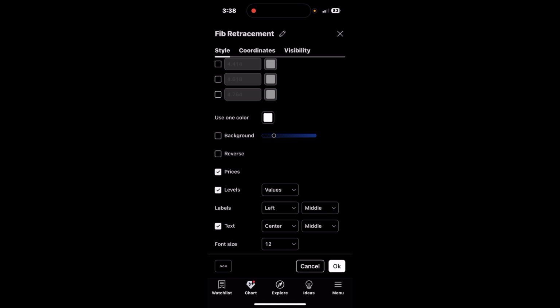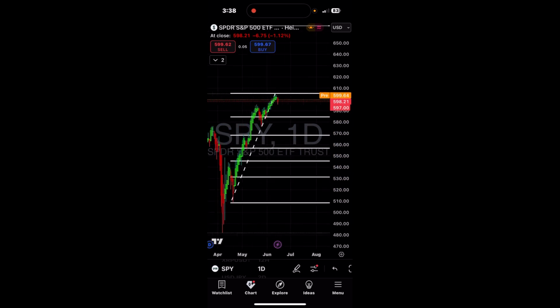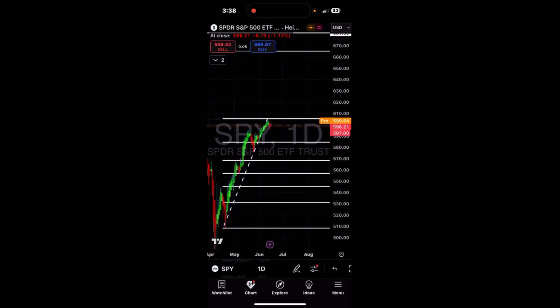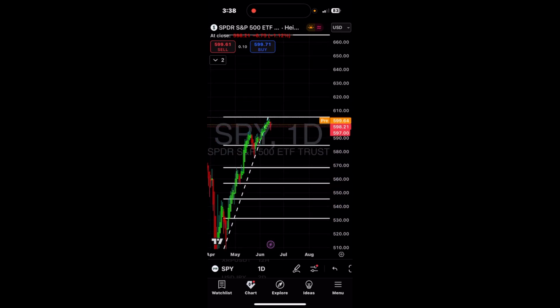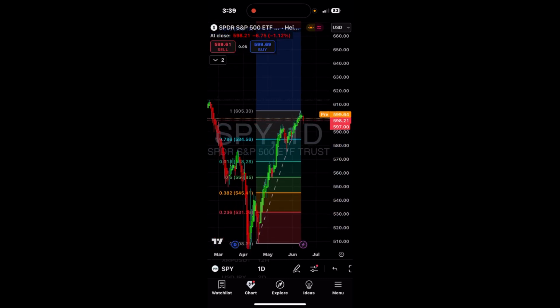You can check off the levels. You can check all these off if you want to. It's personal preference, but it's basically the same thing. There's less clutter this way. But I'm going to keep it with the default. So if you want to keep it like that, you can.